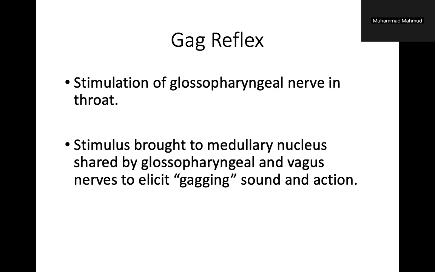If it is stimulated, the stimulus is brought to the medullary nucleus, the lower part of the brain, shared by the glossopharyngeal and vagus nerves, and that will elicit a gagging sound and action. So, the gagging reflex or gag reflex, and the glossopharyngeal nerve will be involved.